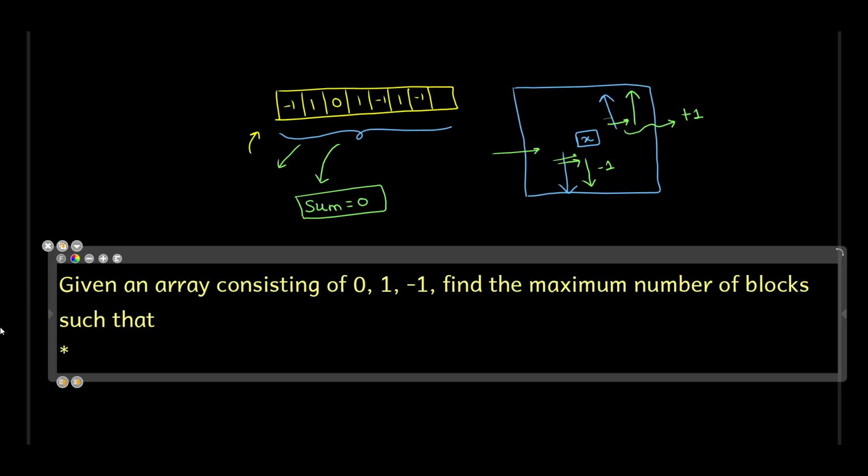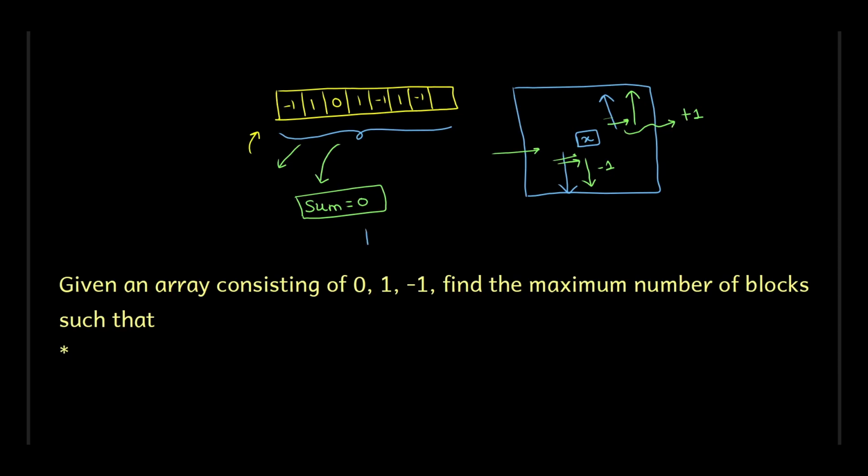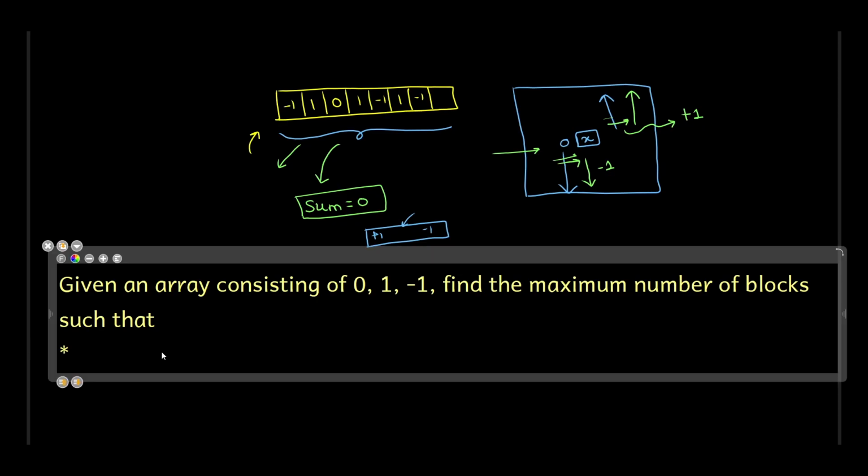First is that the block should have an equal number of +1s and -1s so that they cancel out and their median becomes the baseline, which is 0. So the block has sum 0, so that all the higher elements and the lower elements cancel out.